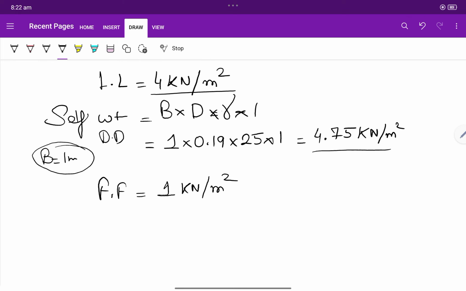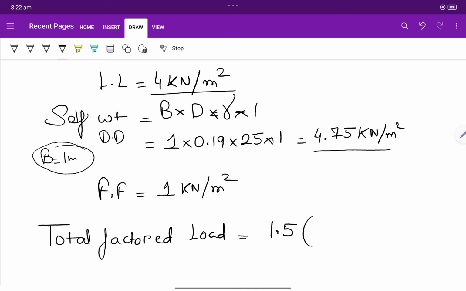So now we will calculate the total factored load, which is 1.5 into (1 plus 4 plus 4.75). 1 is the floor finish, 4 is the live load, and 4.75 is the dead load. 1.5 is the factor value.